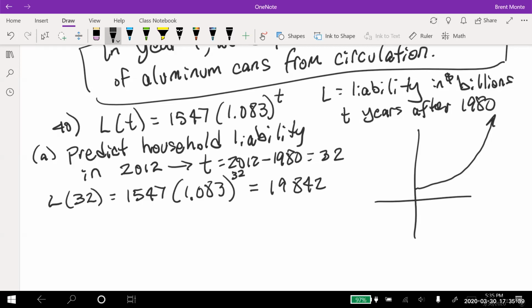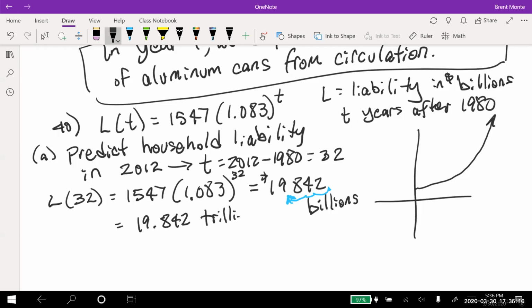And let me see how many decimals we want to go to. Oh, that's plenty. And here's why. Because this is in billions of dollars. So if I move the decimal 3 places, if I start here and I go 1, 2, 3 places and I move it there, the value is really 19.842 trillion.